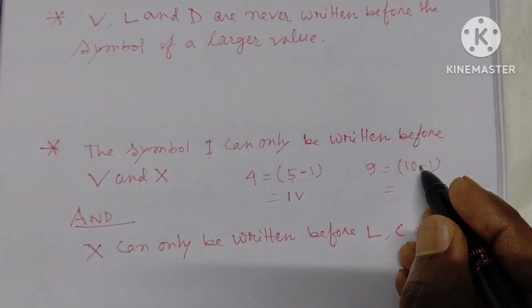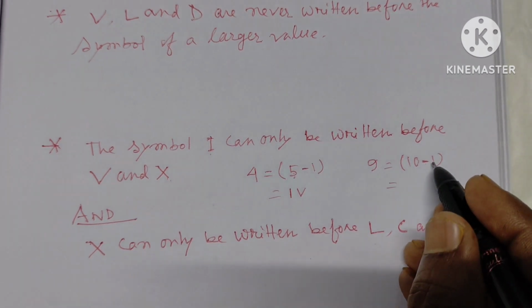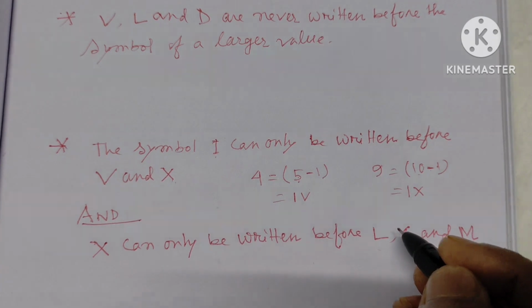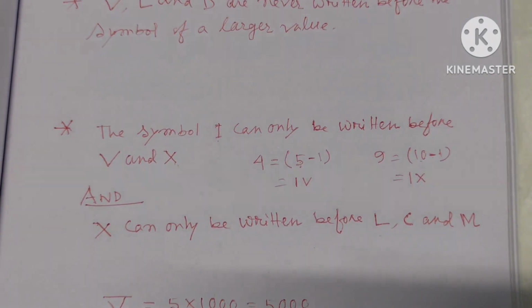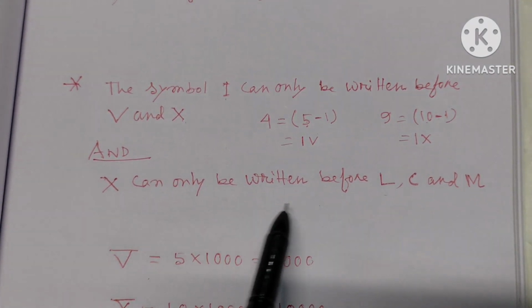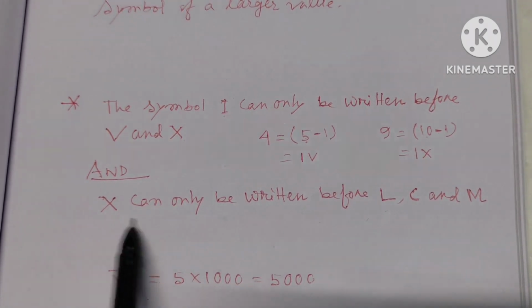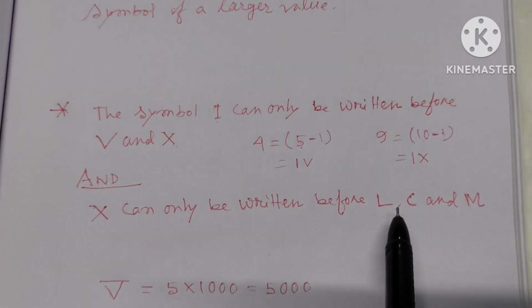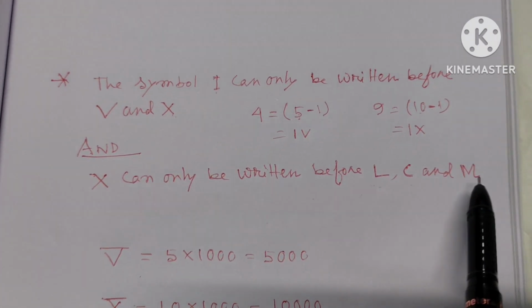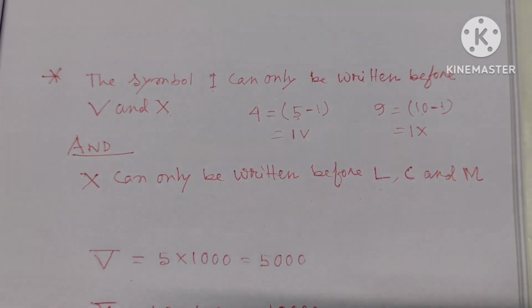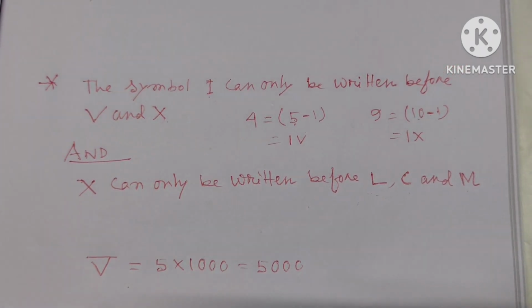That means if it is subtracted, then you have to write this one first, then 10, X. And X can only be written before L, C, and M. Before the symbols L, C, and M, we can write X only. We can't write I.